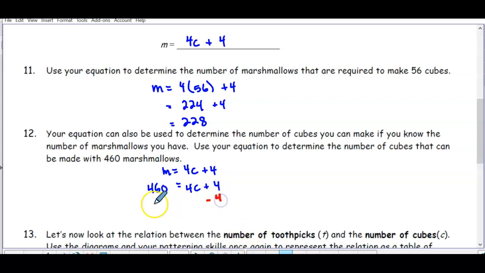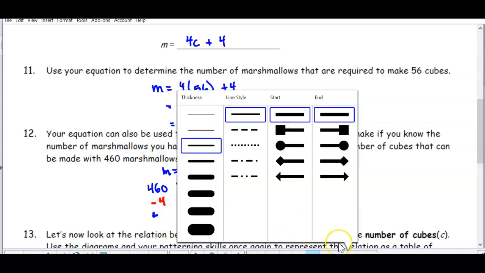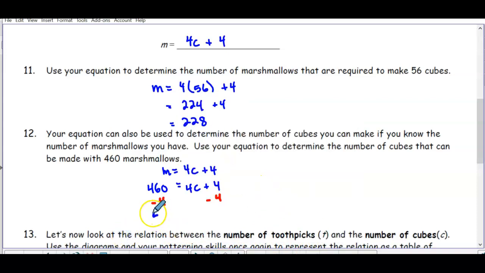This is something in IB Math we expect you to know, well, in regular math 10C as well, but this should not be a problem for you. So that's going to be 456 equals 4C. So C, we're going to divide by 4, is 114.